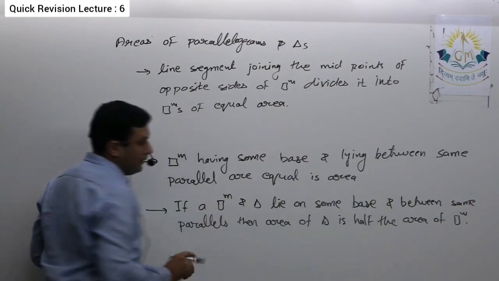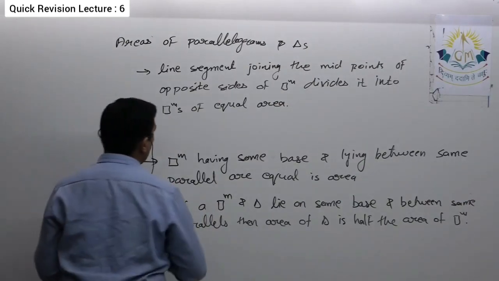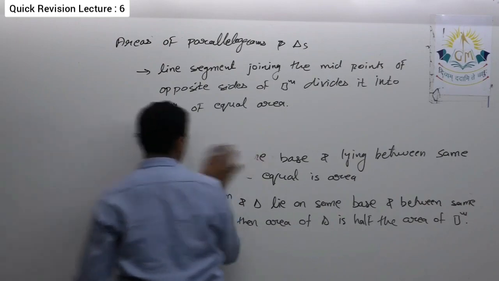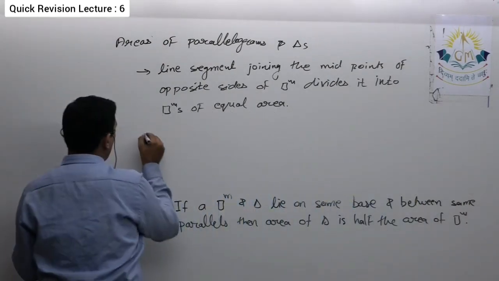Okay, if a line segment joins the midpoints of two opposite sides of a parallelogram, then it divides the parallelogram into two parallelograms having equal area.